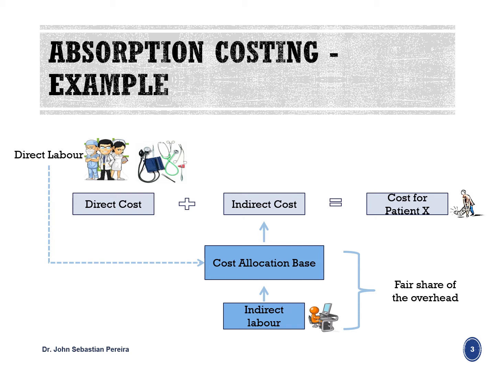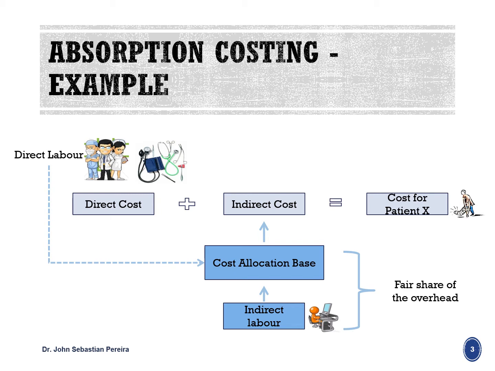To bill patient X, the first consideration is the direct cost, which includes both the direct material and the direct labor element. So to allocate cost for patient X, we will first consider how many direct care hours the patient has used. That will be the proportion of direct labor.